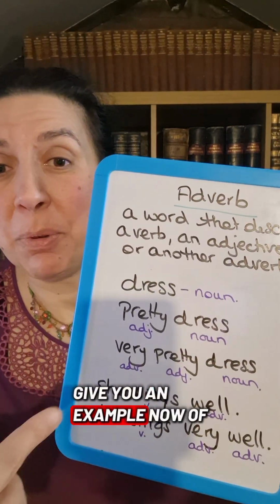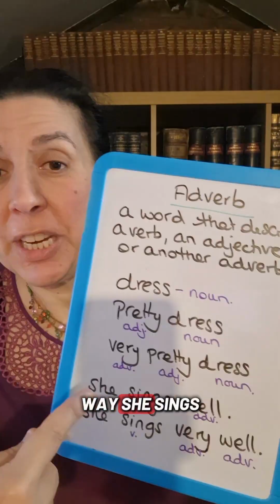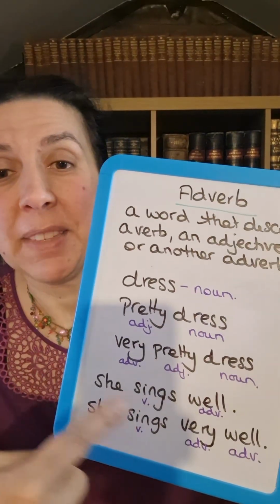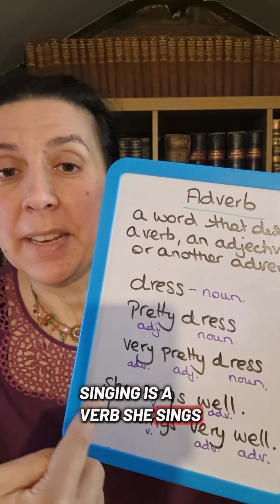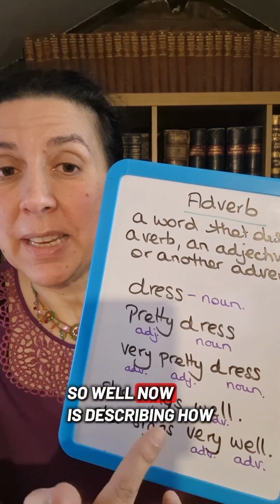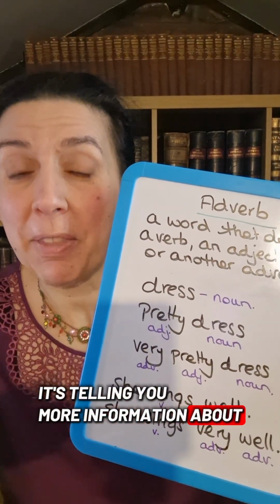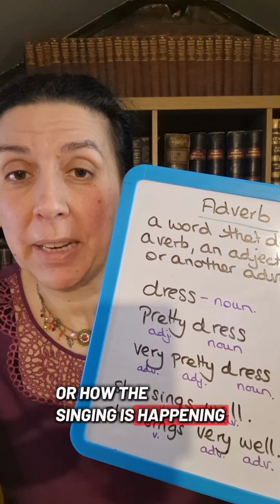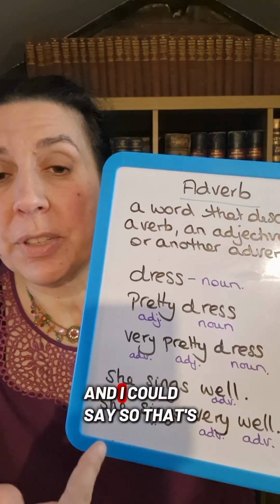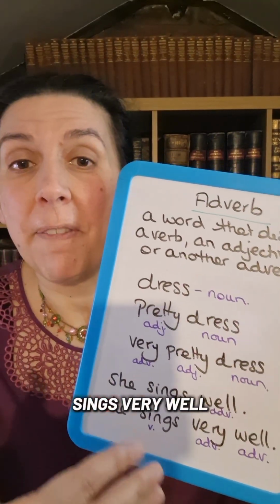So I'm going to give you an example now of the other way. She sings, right? That's a verb. She sings. Singing is a verb. Now I could say she sings well. So well now is describing how she sings. It's telling you more information about the singing or how the singing is happening. So she sings well. So that's an adverb. And then I could say, she sings very well.